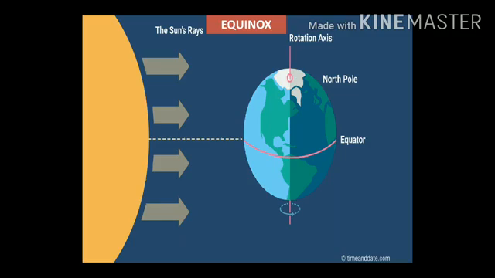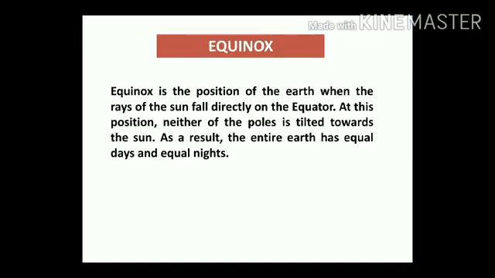So, what is equinox? Equinox is the position of the earth when the rays of the sun fall directly on the equator. At this position, neither of the poles is tilted towards the sun. As a result, the entire earth has equal days and equal nights. So, on 23rd September, it is autumn season in the northern hemisphere and spring season in the southern hemisphere.